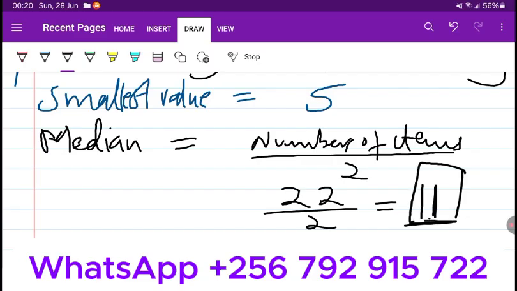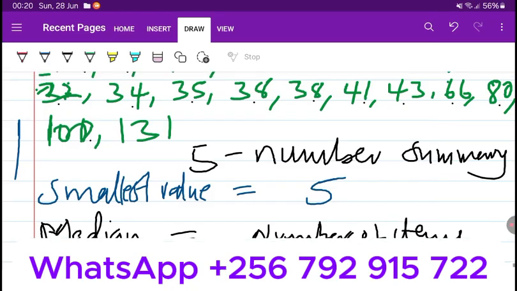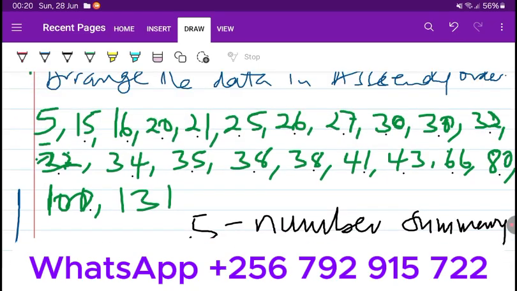So let's try to trace that number. We are going to count 11 from the right hand side and then 11 from the left hand side, but you do that when you have arranged the values in their ascending order. So we count 11 from right and then 11 from the left.